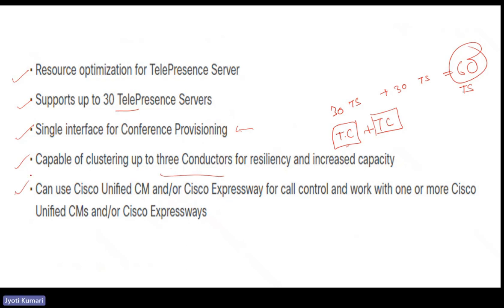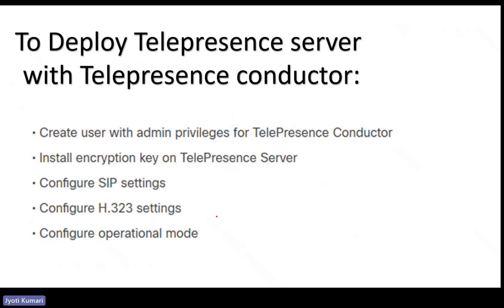You can use CUCM or Expressway with telepresence conductor for call control, and work with one or more CUCMs or Expressways, which is supported. To deploy telepresence server with telepresence conductor, there are some configurations we need to do on the telepresence server and telepresence conductor. We need to create a user with admin privileges for the conductor, who will access it and do all the configuration tasks.